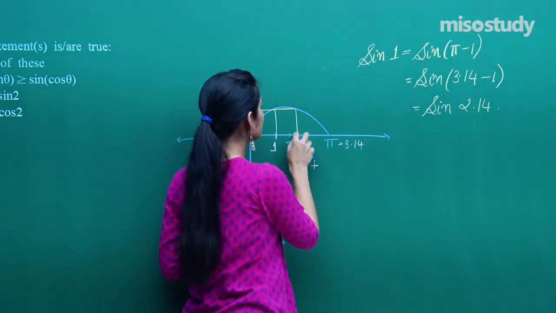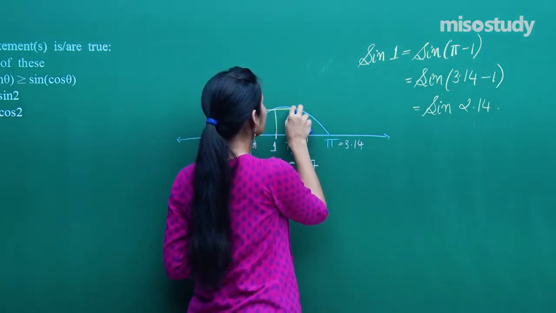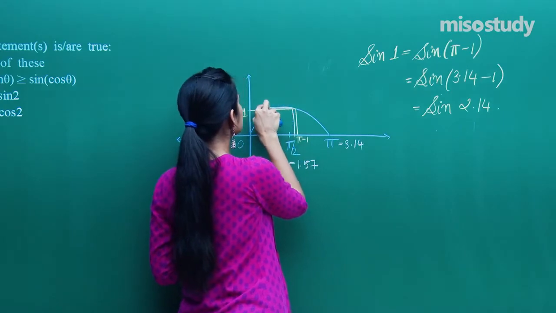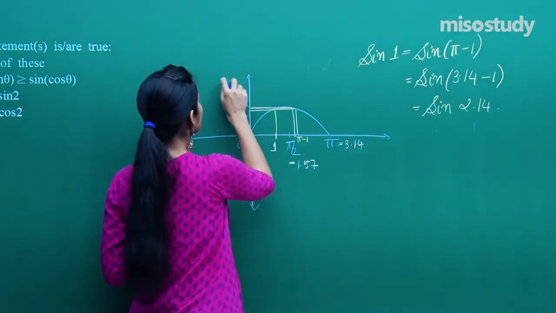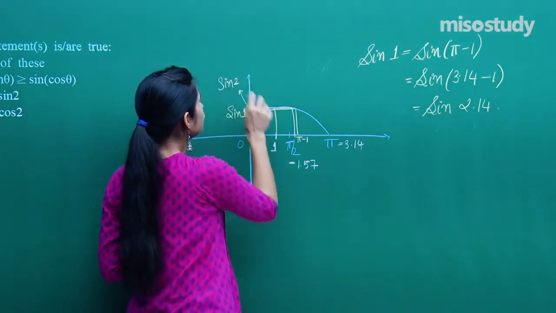So here somewhere is 2, definitely corresponding to 2, the graph of the function is at a higher point, and therefore this is your sine 2.